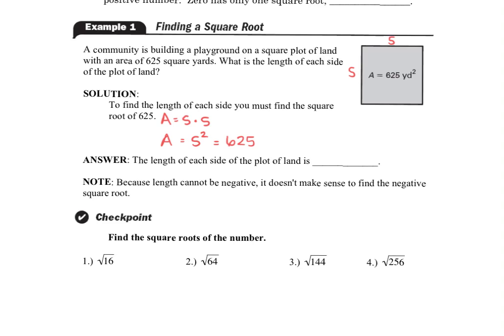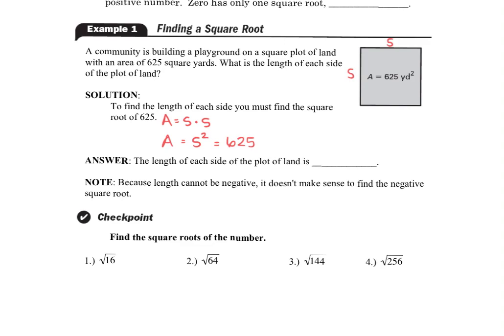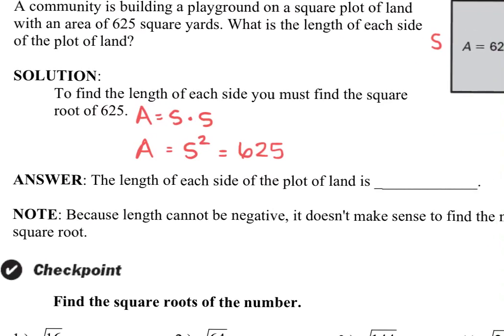Ooh, there it is. So I know that if I need to multiply something by itself, the way I could get that is that 25 times 25 is 625. So the side length would have to be 25.